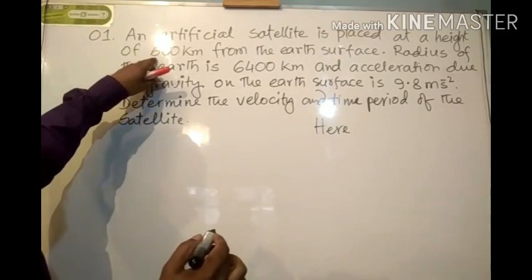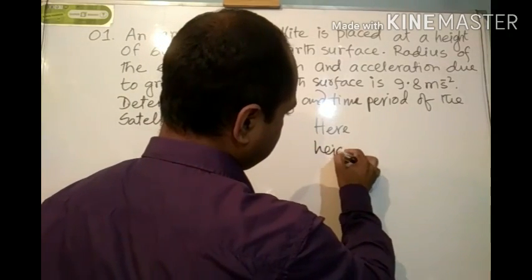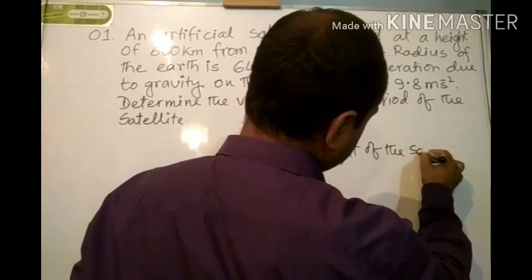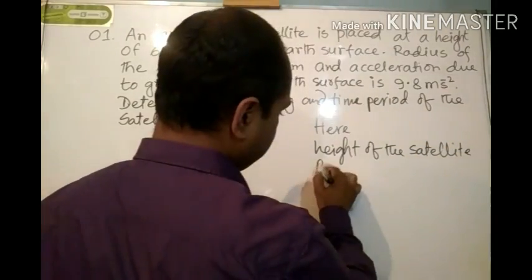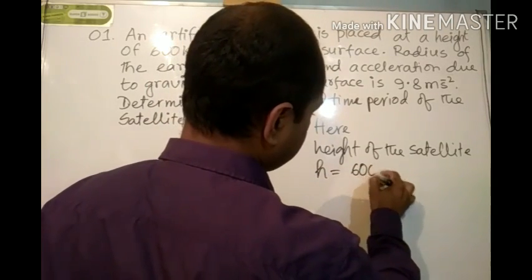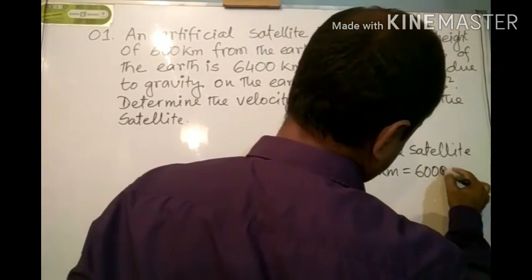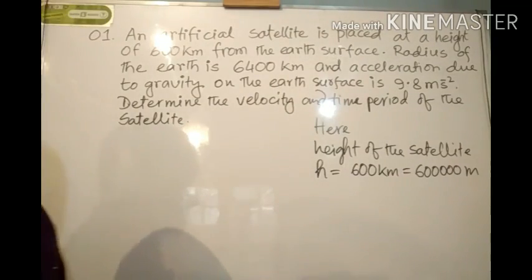First information is the height of the satellite, which is denoted by h, which is equal to 600 km. That is 600 multiplied by 1,000 meter. We have to convert the value into SI unit.